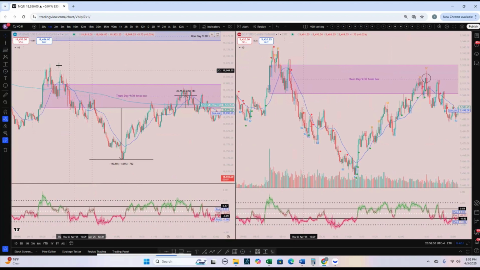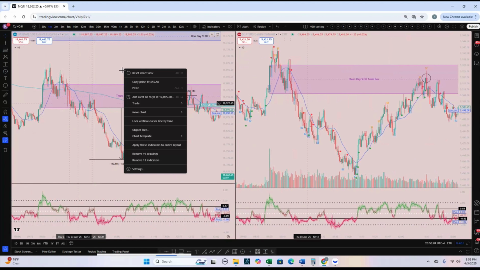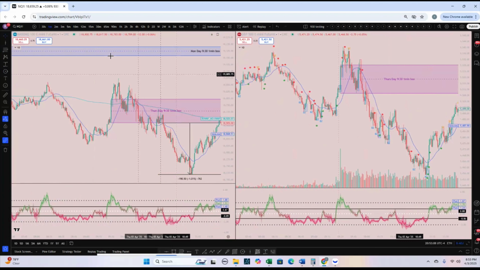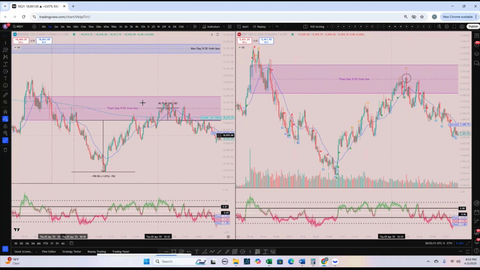Same with the other side. If we're not below 9:30 by this time frame, we're going to be long. If we're not above it by this time frame, we're short. If we're not below it by this time frame, typically longs are the ones to move.